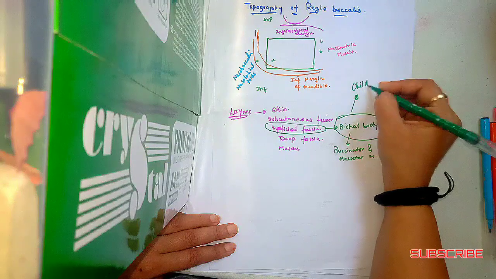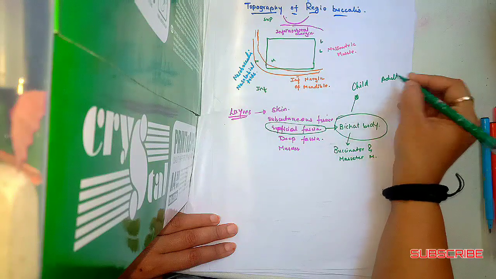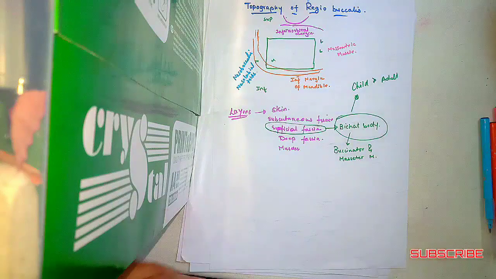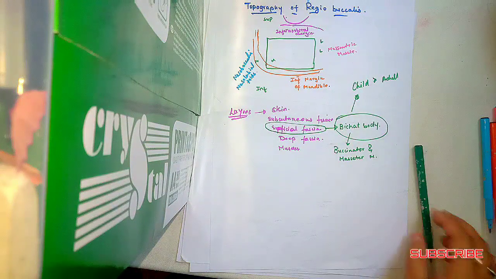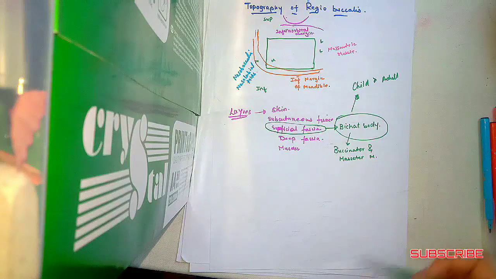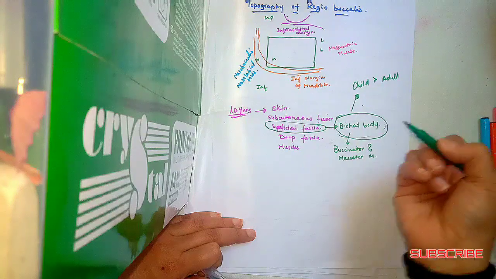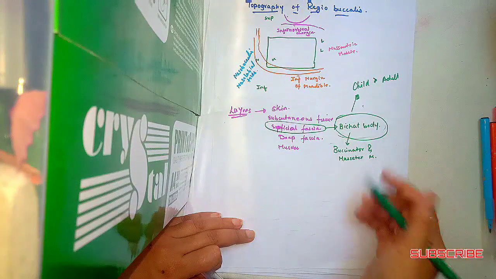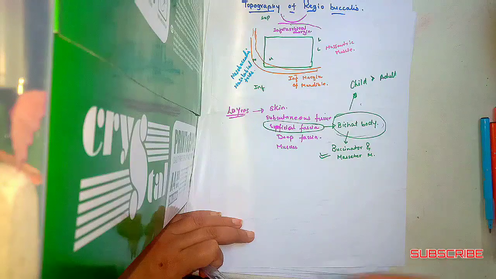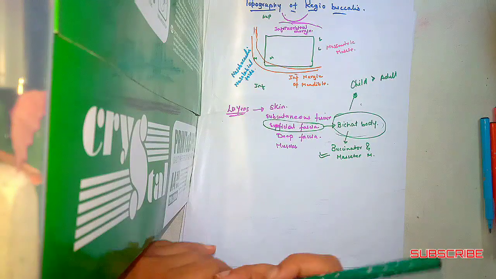The child has more amount of it than the adult. That's why children have chubby cheeks. This is the reason they have chubby cheeks: Bichat's fat pad. It is more in a child and less in an adult.